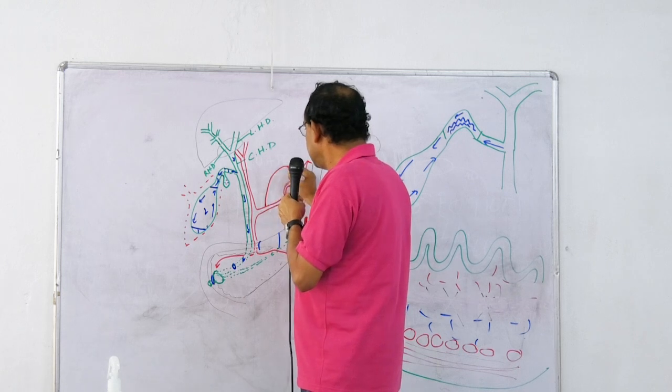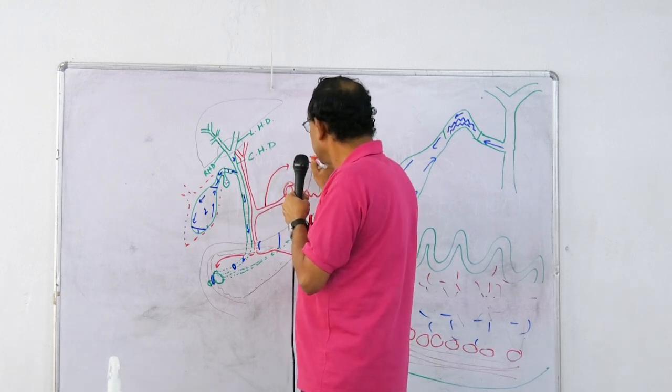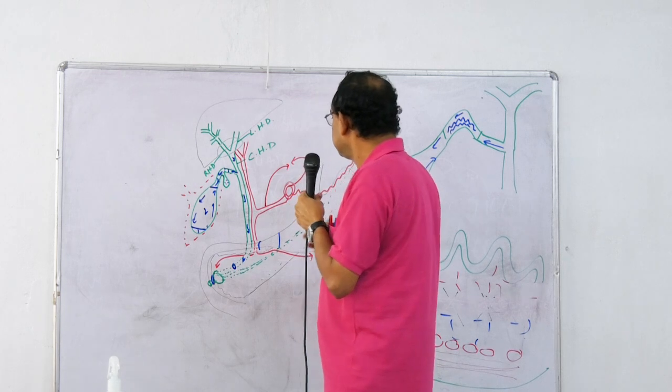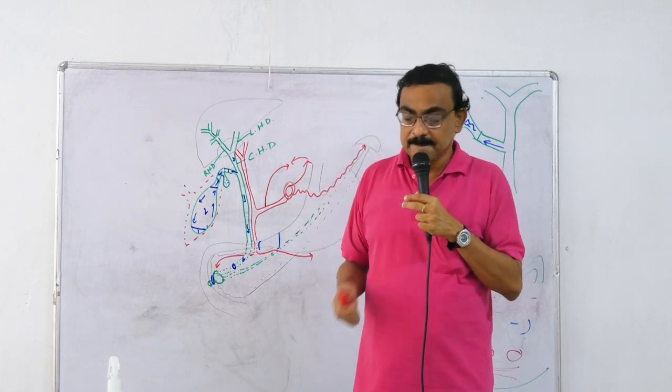And right gastric artery will come out from the common hepatic artery. Okay.